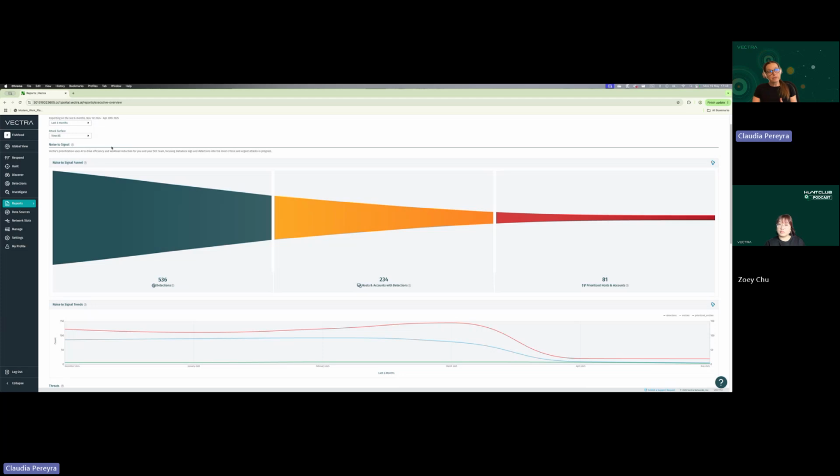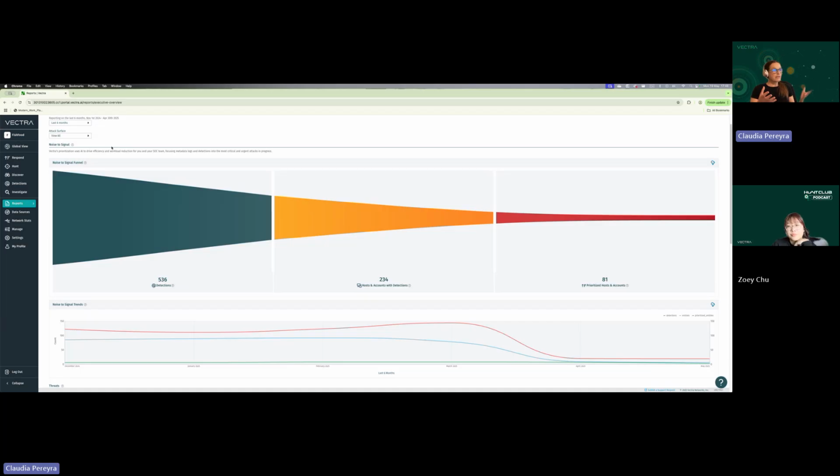And then in the last section of the funnel, what we have is what we finally prioritize using AI driven prioritization. So we are distilling these attack progressions into proper alerts, things that we have high confidence that our customers should actually investigate or look into.